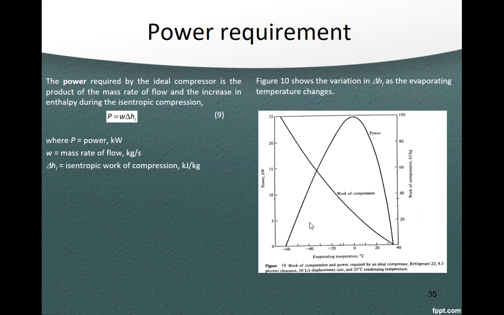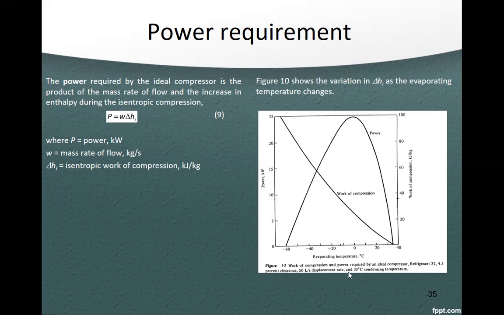This is the power, and this is the work of compression in kilojoules per kilogram. At different evaporator temperatures, the flow rate in the compressor changes. So this will be your performance curve.